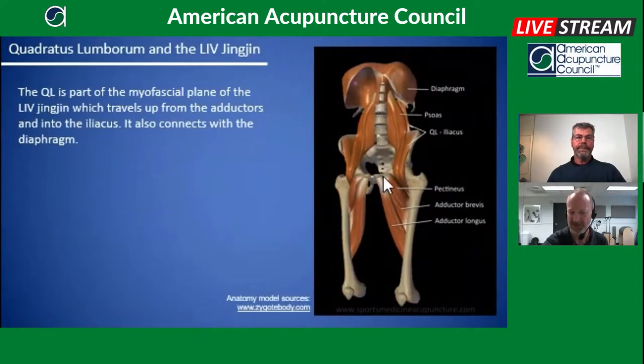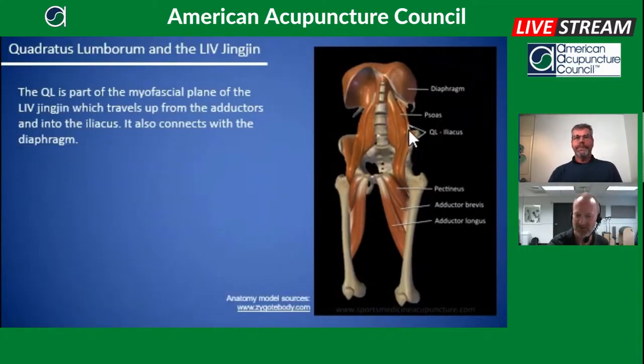But if you look at the myofascial plane, it has a much more interesting relationship in that line coming up from the foot through the medial thigh up through the adductors: adductor longus, brevis, pectineus, gracilis. Adductor magnus is a different one that's more in the kidney sinew channel, but this more anterior line of the adductors, longus, brevis, and pectineus, would be very continuous with that fascial plane all the way up into the iliacus.